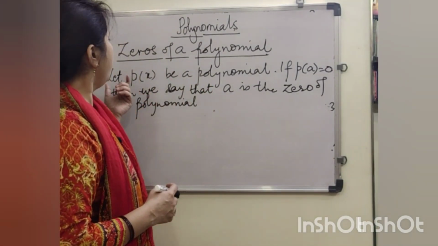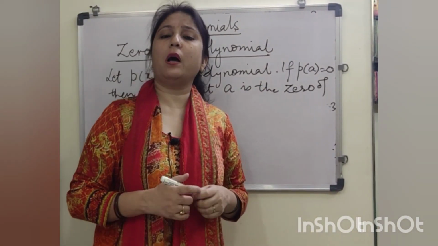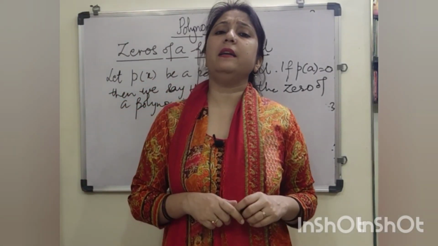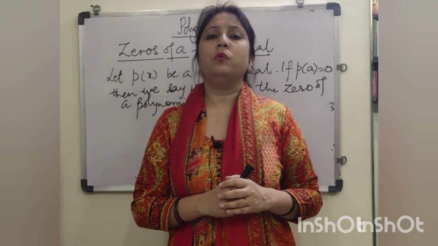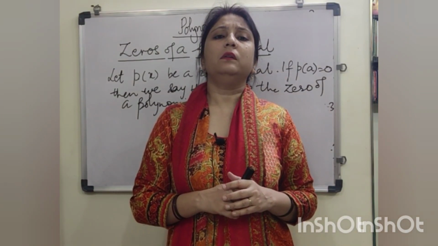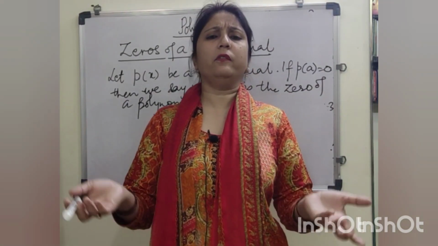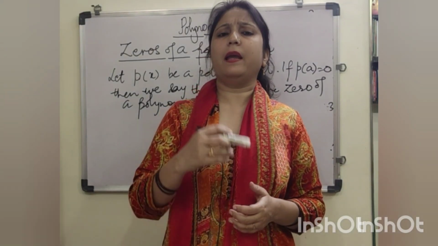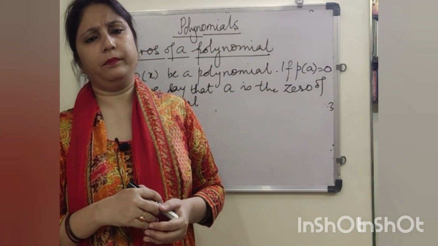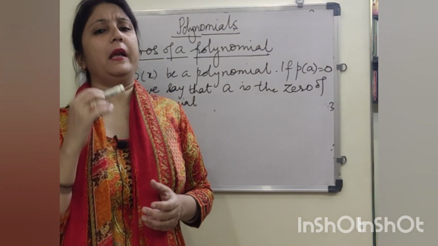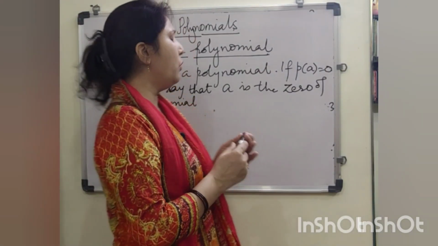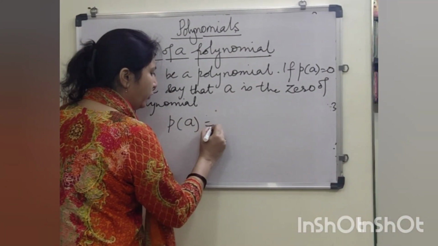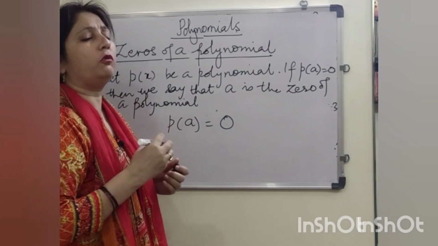So, if p(x) is a polynomial, you are given a polynomial and you find its value for, say, x is equals to a in general, that means p(a), and you obtained p(a) is equals to 0.